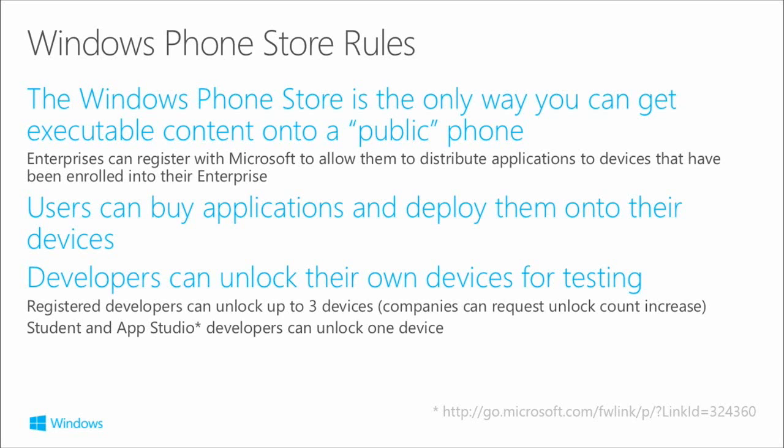Students, and if you have registered for our App Studio, URL shown on the bottom of the slide, the App Studio is this web-based portal, a web-based tool where you can go and create apps without needing any programming knowledge. With that, you can unlock 1 device for testing your apps on.